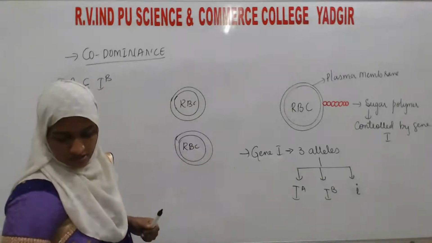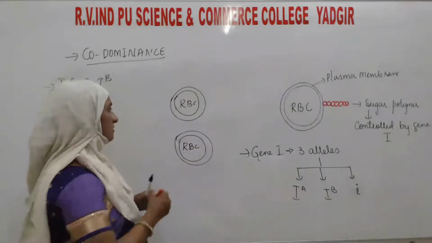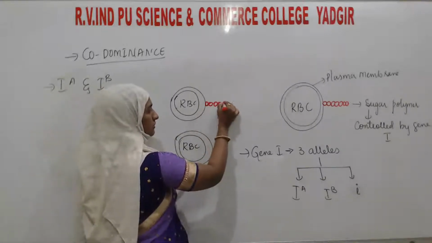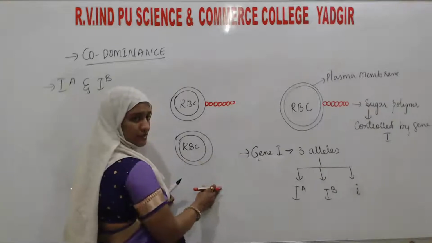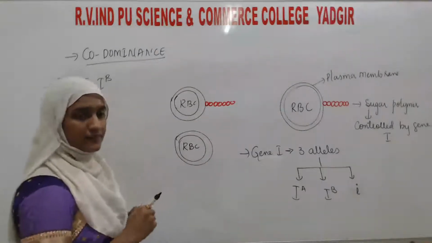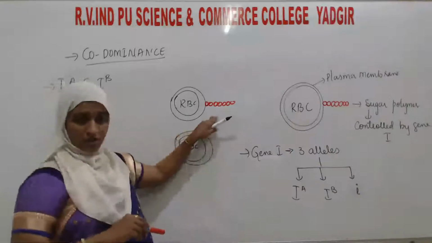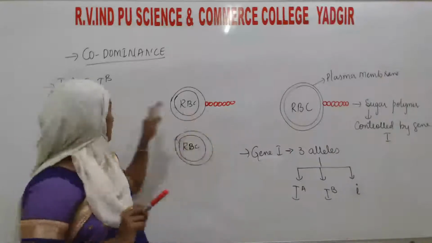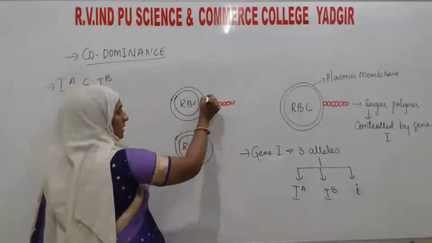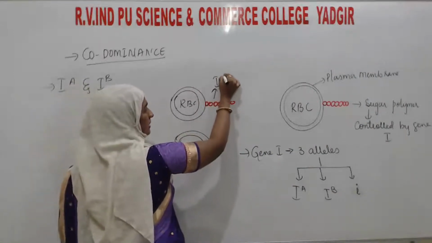Here, this is the sugar polymer. If they are producing in this way, the sugar polymer, that we can call it, this will have the gene allele IA.